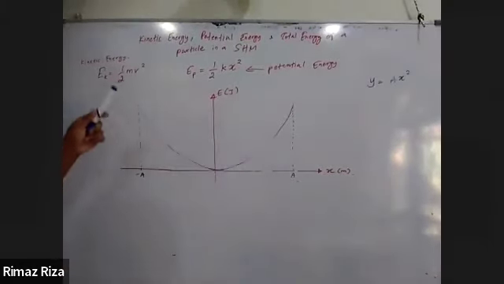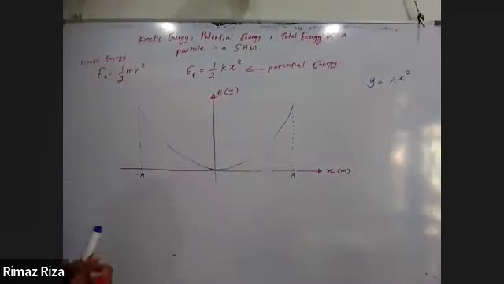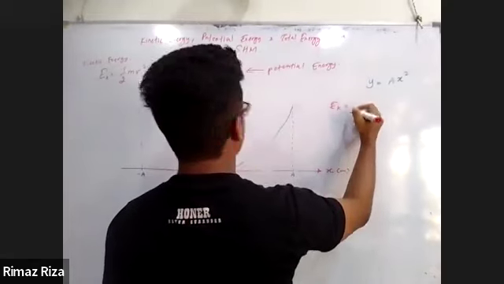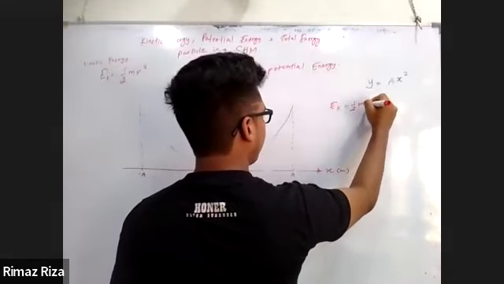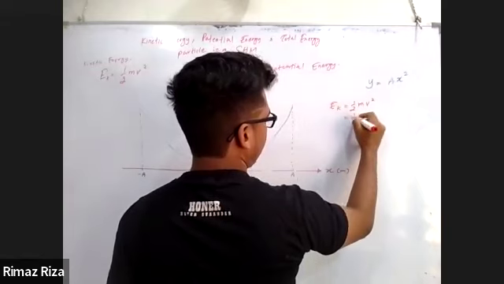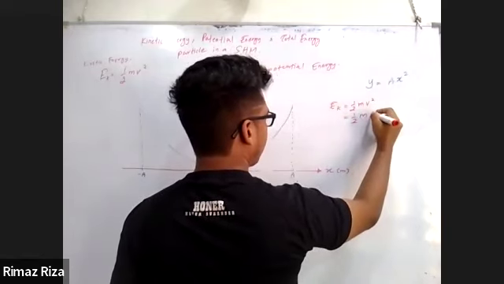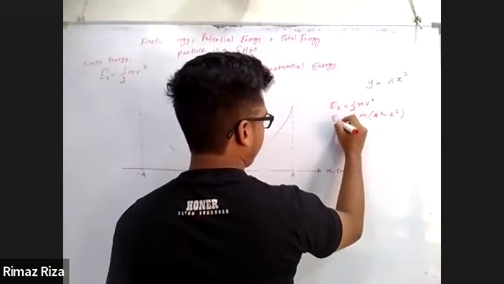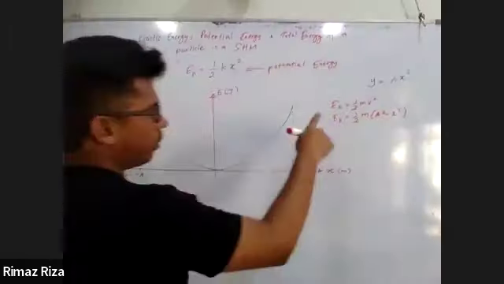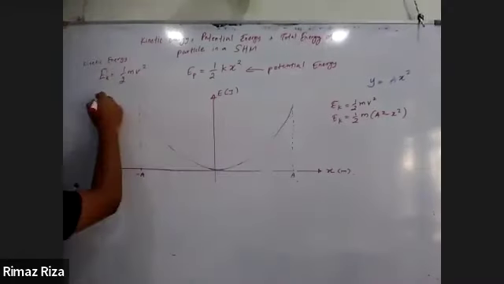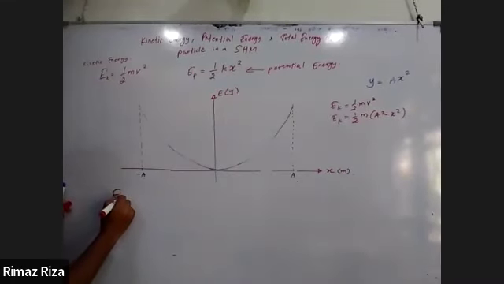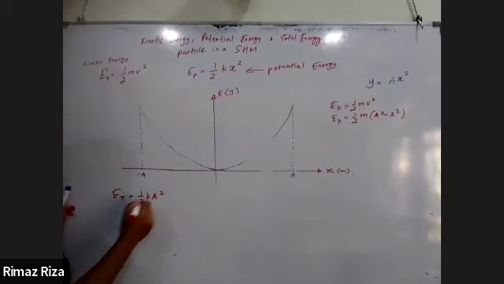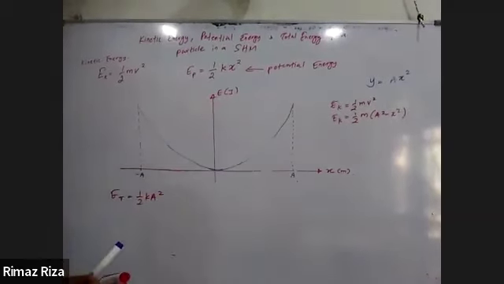And we want the relation of kinetic energy versus displacement. The kinetic energy is given by E k equals half m v squared, which is half m omega squared times a squared minus x squared. Before that, let's consider the total energy. The total energy E total is half k a squared, so that is a constant.